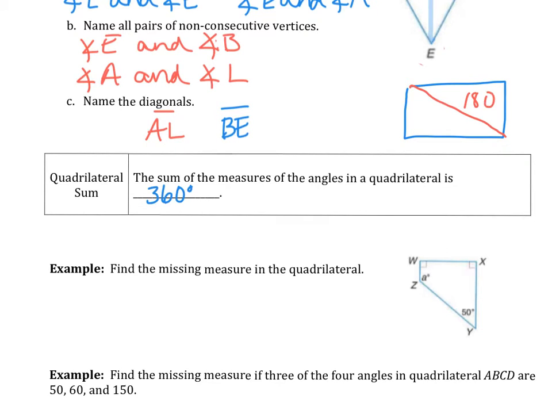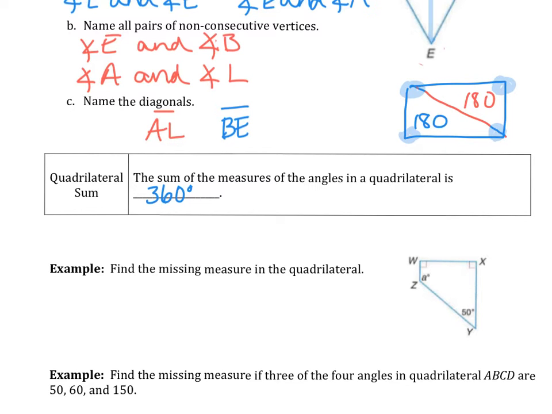So if this triangle on the top right of this rectangle is 180, and then this bottom triangle's interior angles add up to 180, we could then conclude, or kind of see, how if I've got a quadrilateral, that four-sided figure, the sum of its four angles add up to 360. So kind of building on what we know about triangles there.